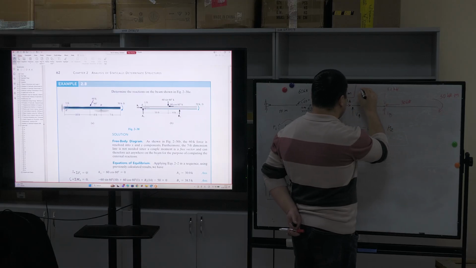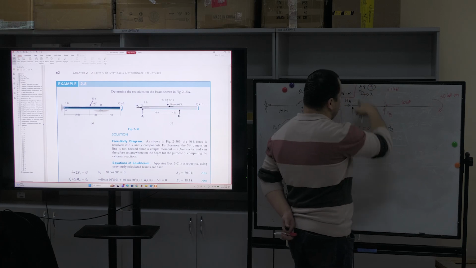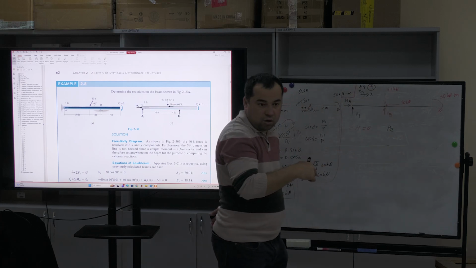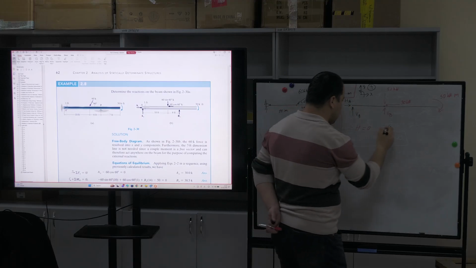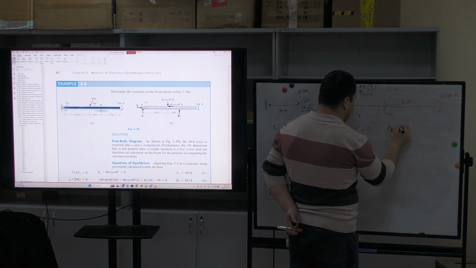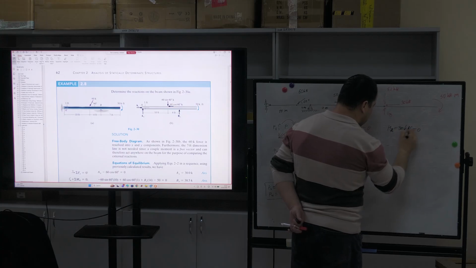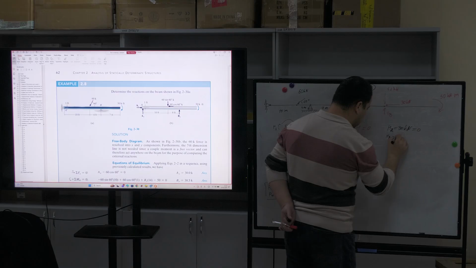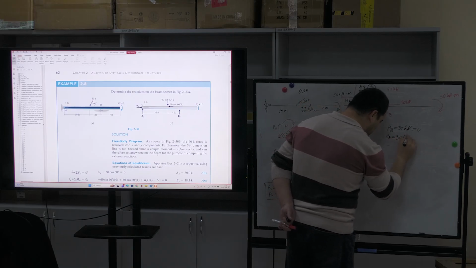HA, let's write here coordinates Y, X, and this one is the positive direction. You always have to identify a positive direction. HA minus 30 kilonewton is equal to 0, which means that HA is equal to 30 kilonewton.